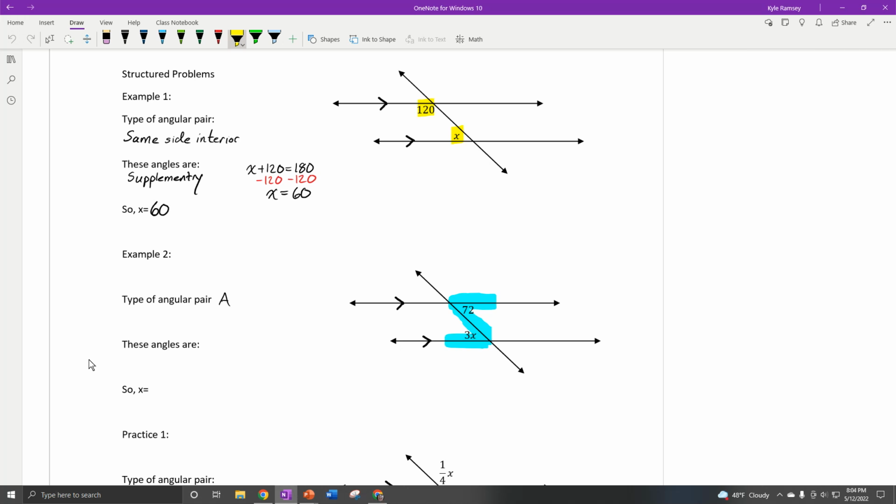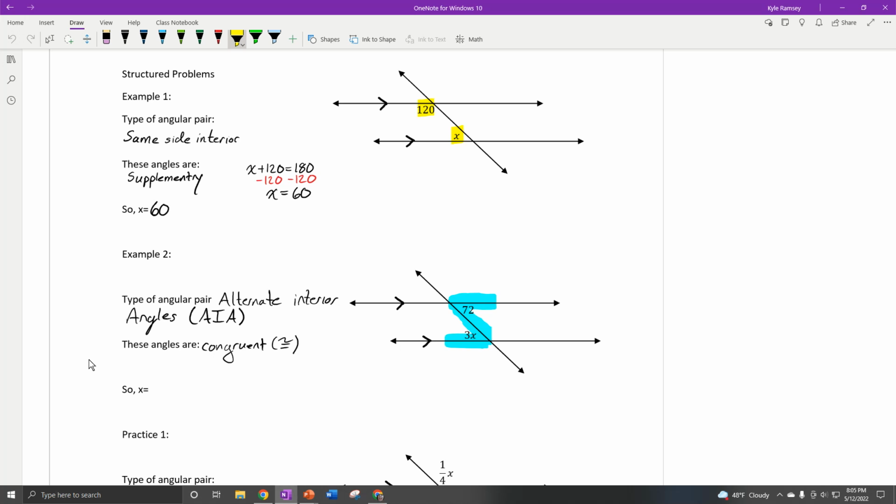Alternate interior angles, also known as AIA. These angles are congruent. That also means that symbol.